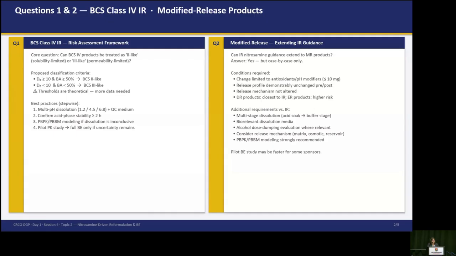The third approach is to use PBPK or PBBM modeling if the dissolution is inconclusive. And the last approach, if the prior approaches are not feasible, is that the company will propose doing a pilot PK study and come to a full bioequivalence study.